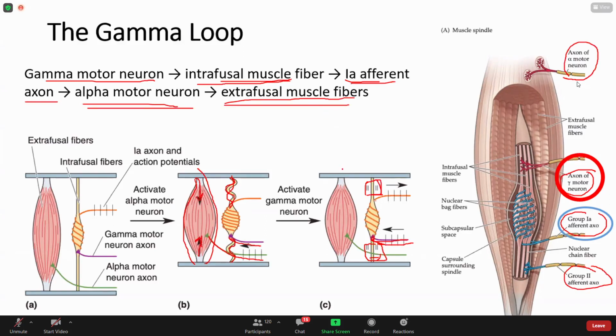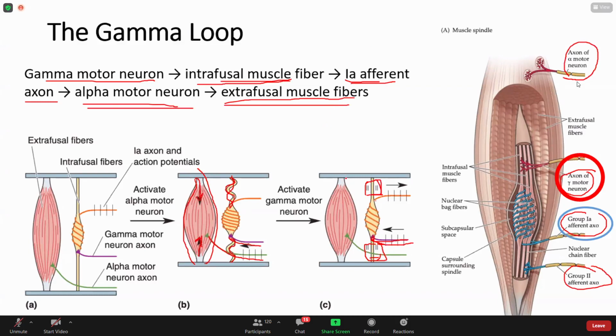So this will make the muscle basically more sensitive, and the sensory neurons more alert of what's happening to the extrafusal fibers, in order to compensate for the changes happening to the extrafusal fibers. Okay, I hope this is clear.